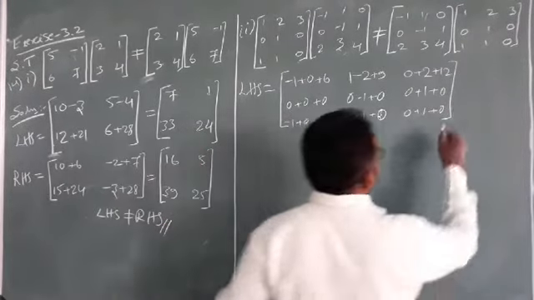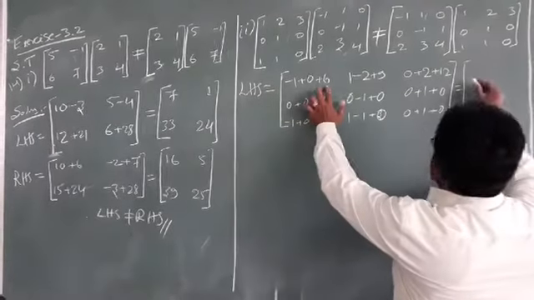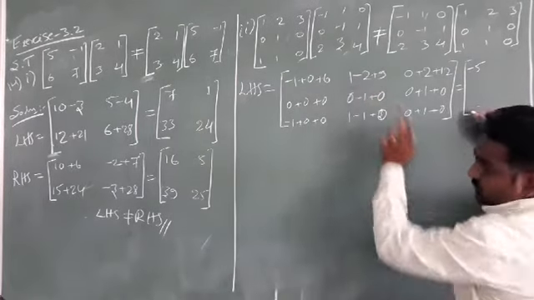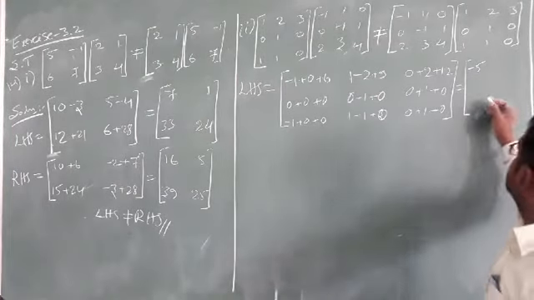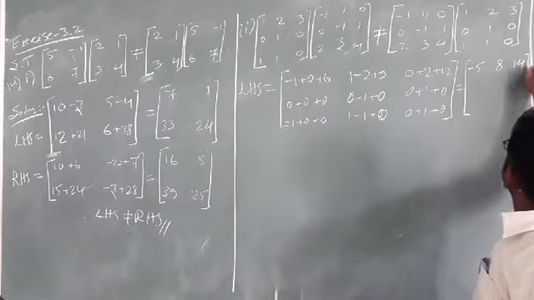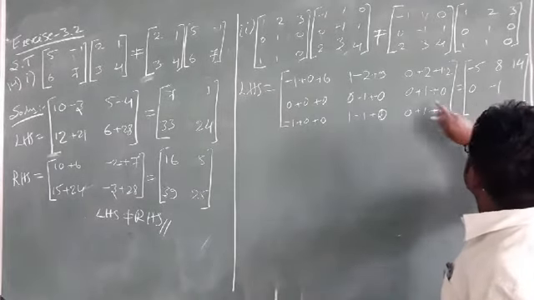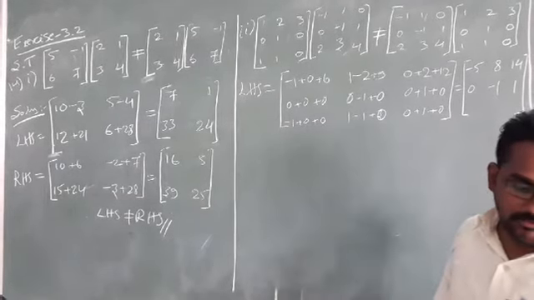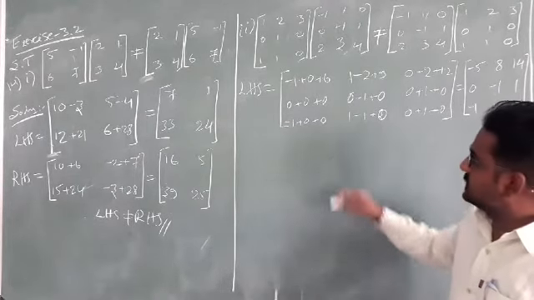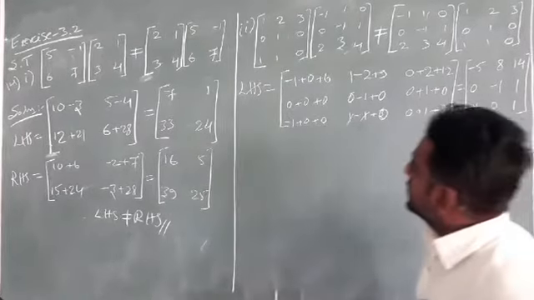What is the result here, students? Minus 1 plus 6, that is 5. 9 minus 2, 7. 7 plus 1, that is 8. Next, 2 plus 12, that is 14. It is 0, it is minus 1, that is plus 1. Next, it is minus 1. Plus 1 minus 1 get cancelled, it is 0, it is plus 1. This is the LHS part.